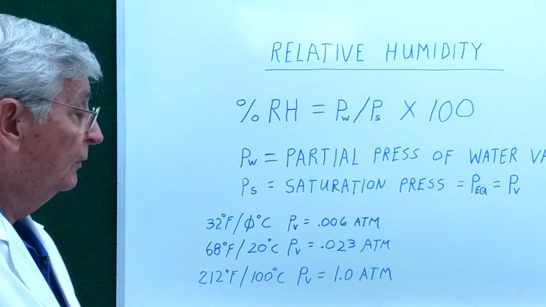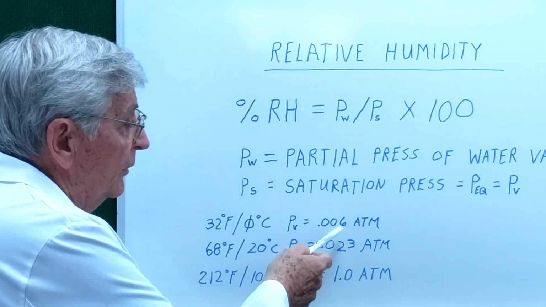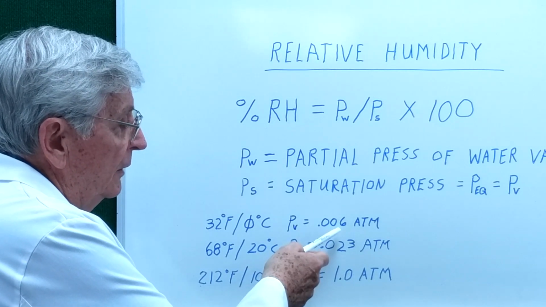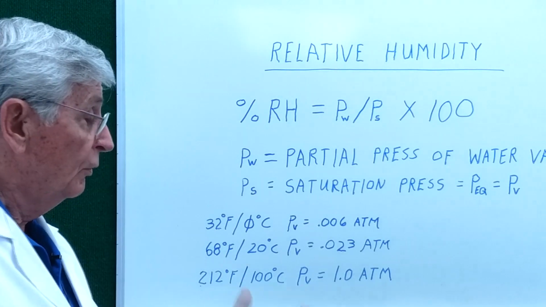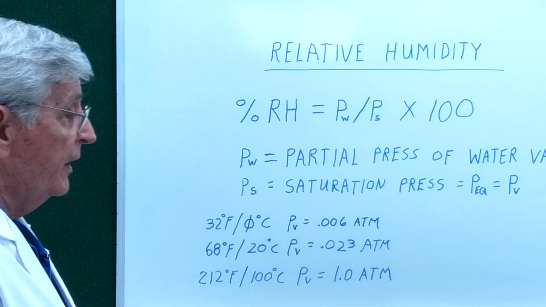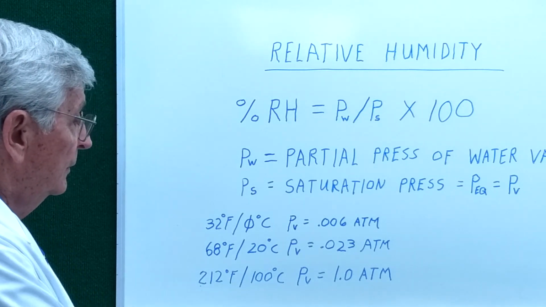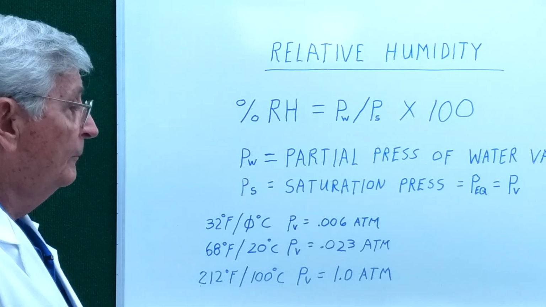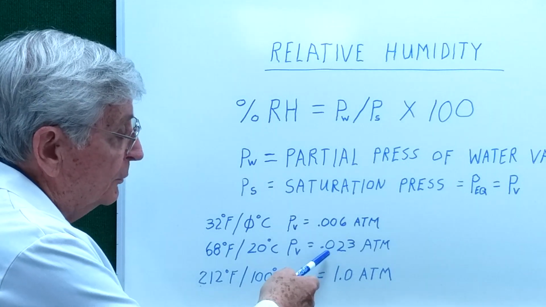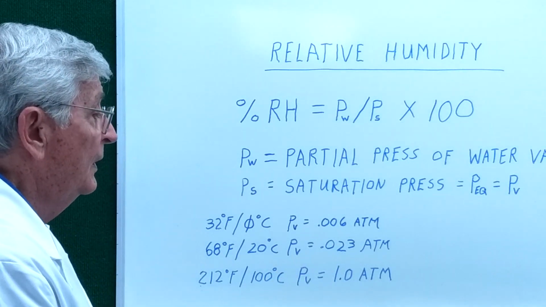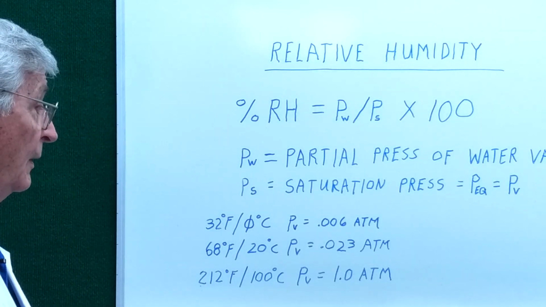So in a normal 1 atmosphere, that means water vapor can occupy 0.6% of the total volume of the air. At normal room temperature, the vapor pressure is 0.023, so that's 2.3% of an atmosphere.